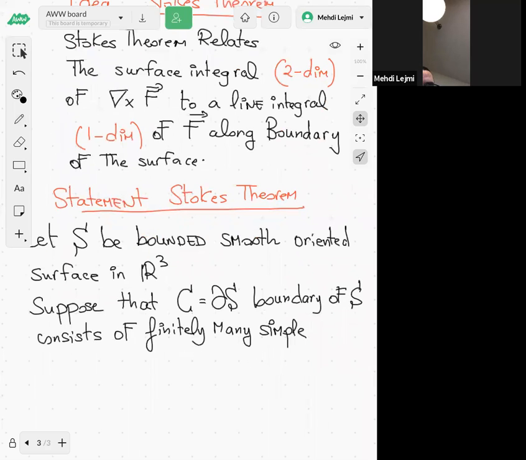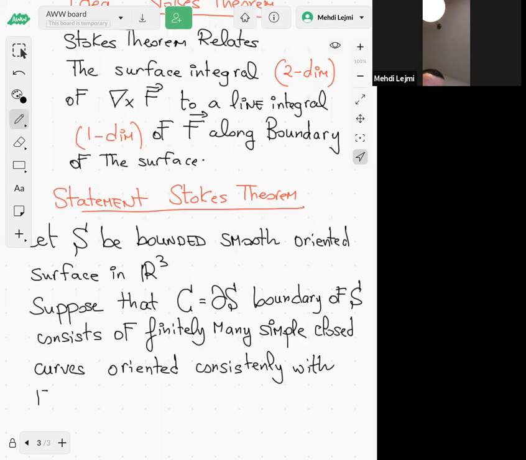These are oriented curves. The orientation of these curves must be consistent with the orientation of the surface S. I explained last week how we need to orient these curves.